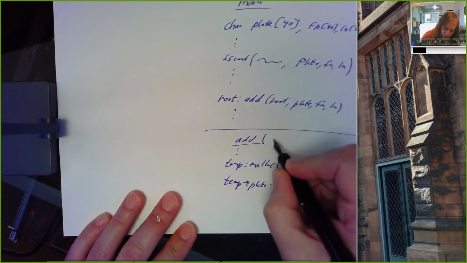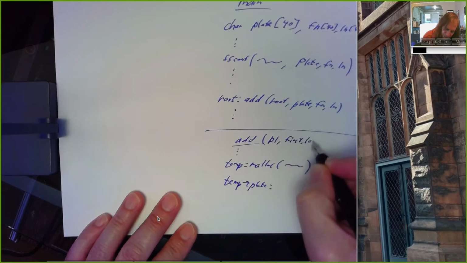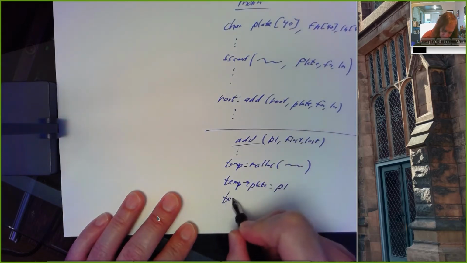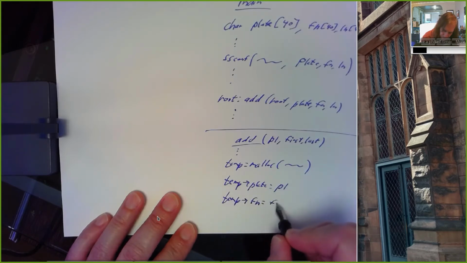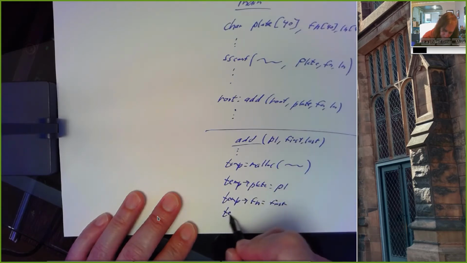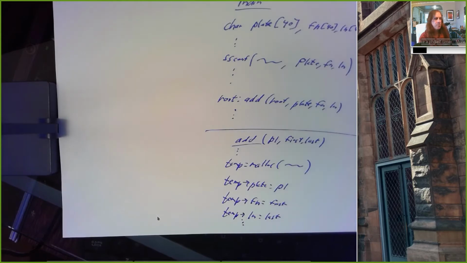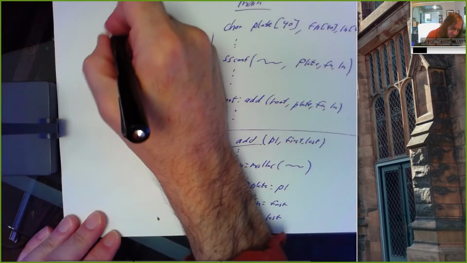So let's say we're calling this with plate, first and last. All right, so what's happening in the memory of your computer?